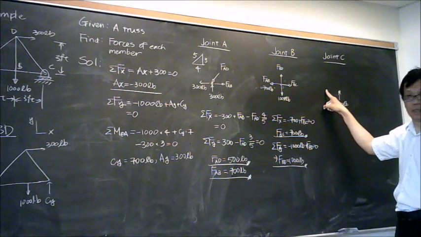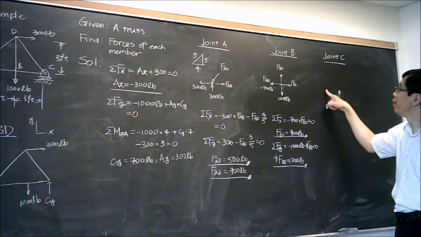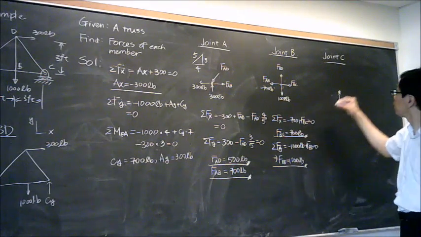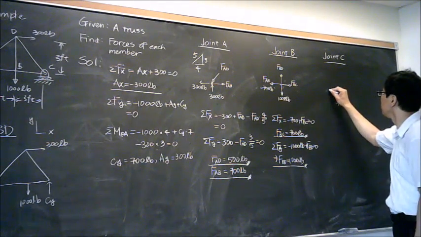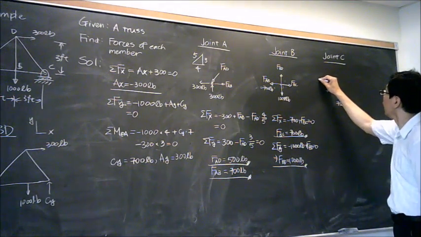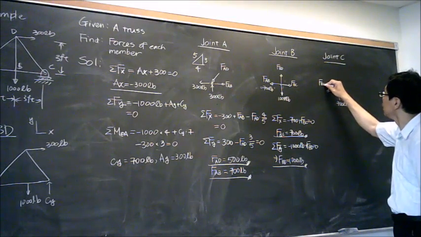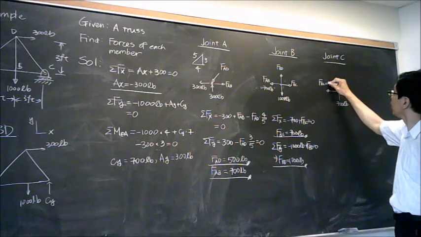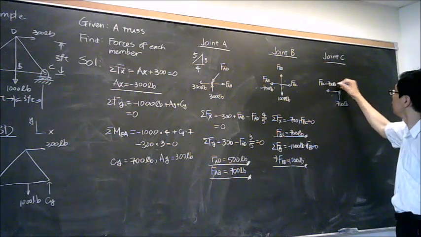Over here, FBC is something we can get from the configuration, but opposite direction, which means I have my FBC equals 700 pounds over here.